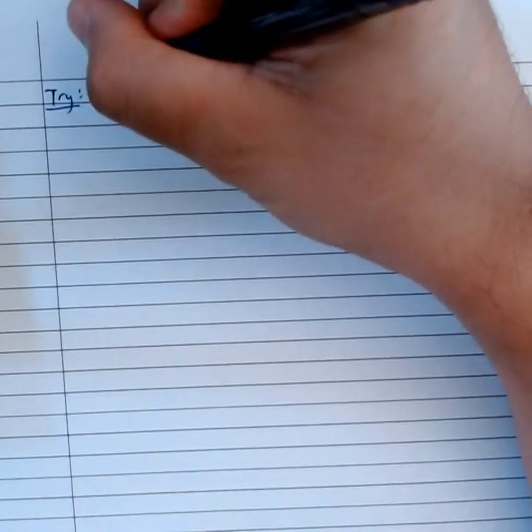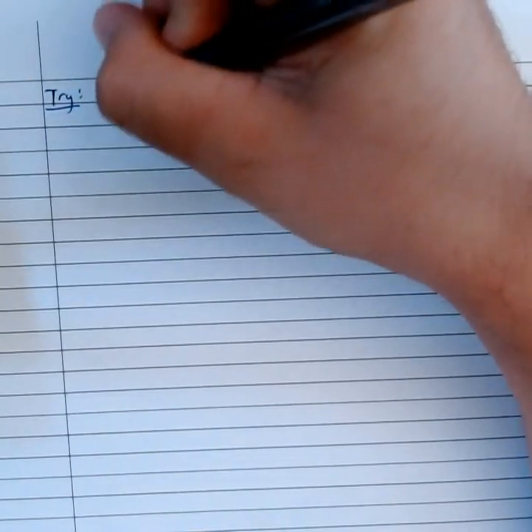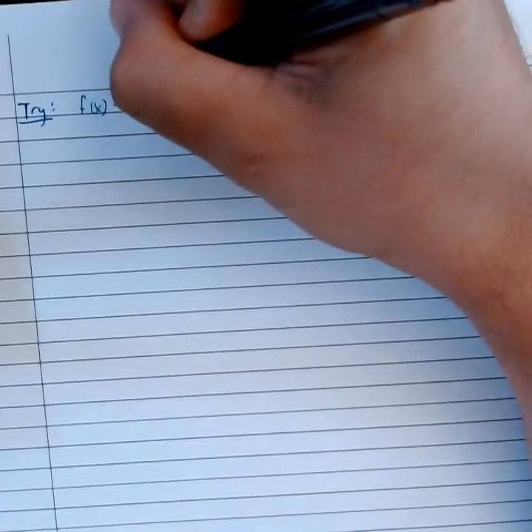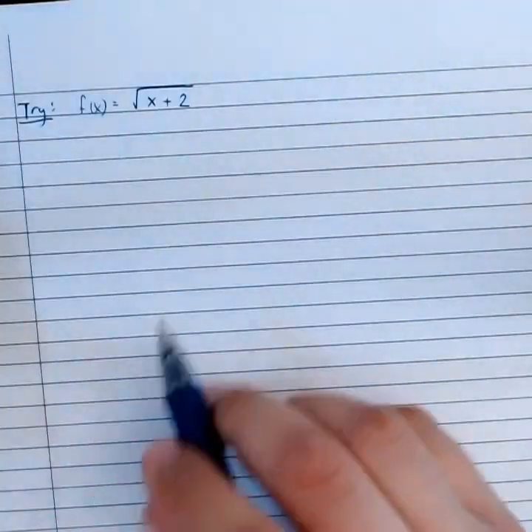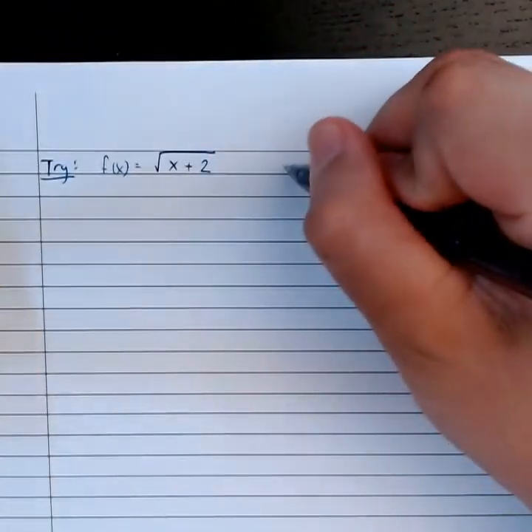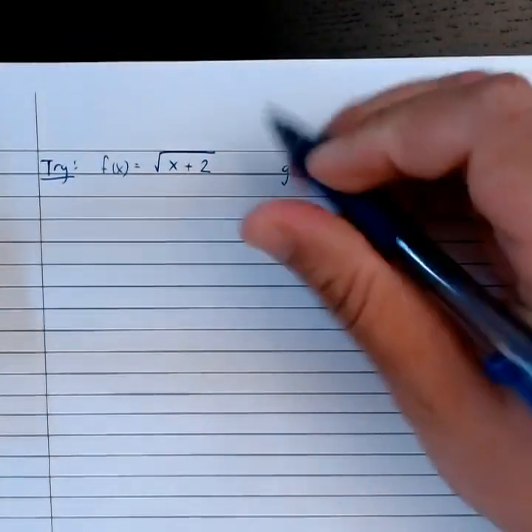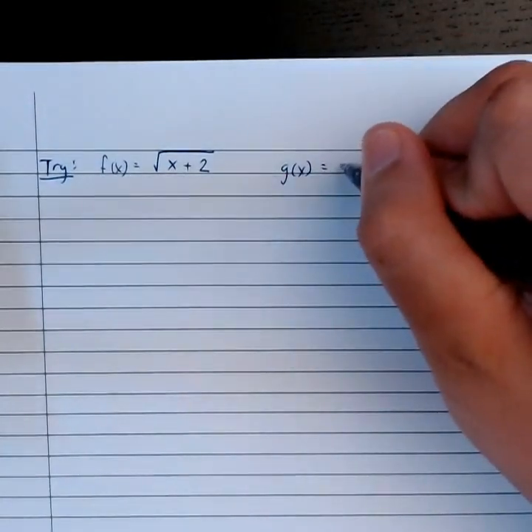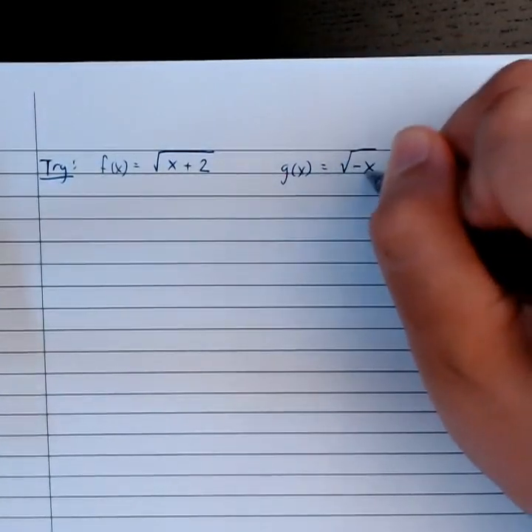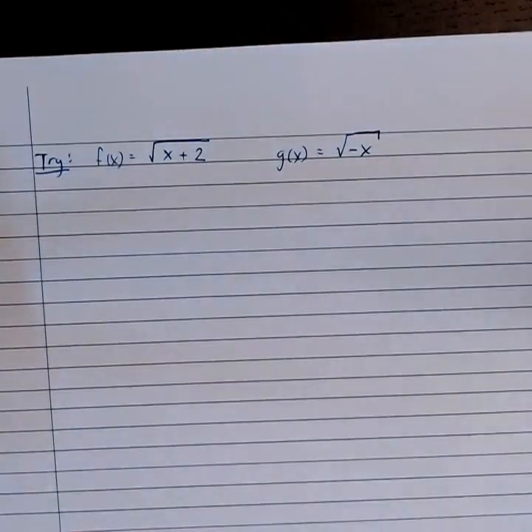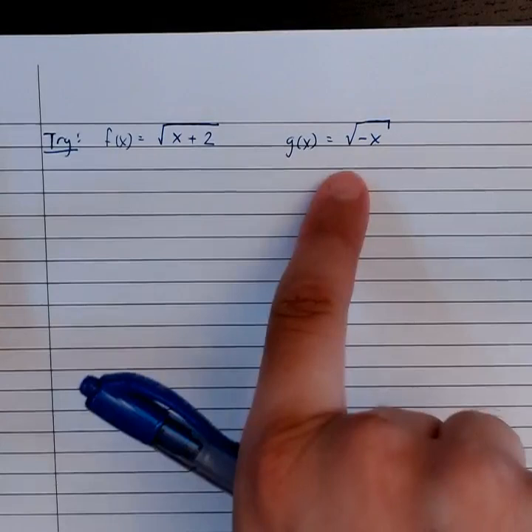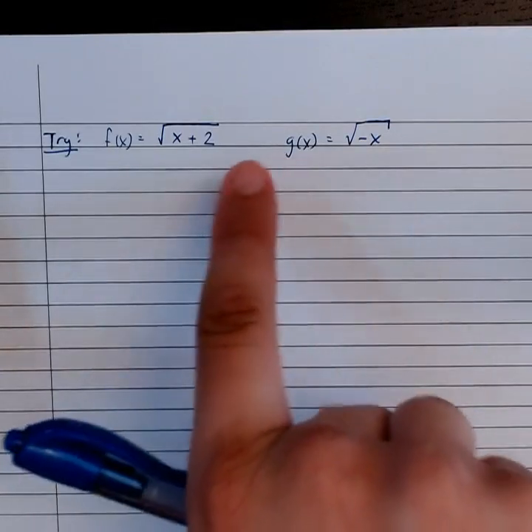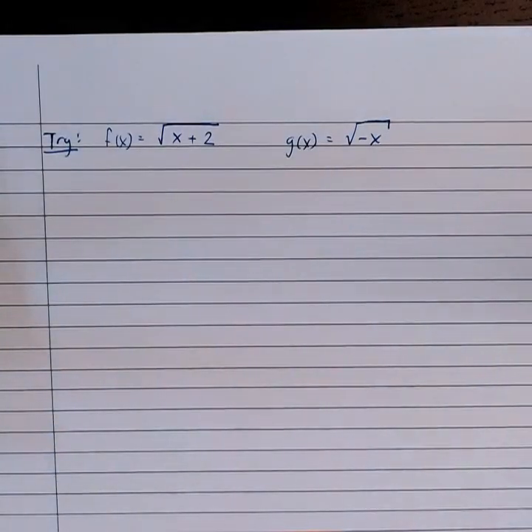Let's say you have a function f of x, which is equal to the square root of x plus 2. Okay? And let's say you have another function, g of x, which is the square root of minus x. All right? So those are your two functions. First of all, what you want to do is find their domains. Now, that's not the question here that I'm going to ask, but you do need that information to solve our question.